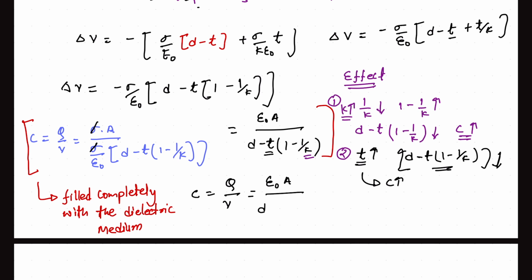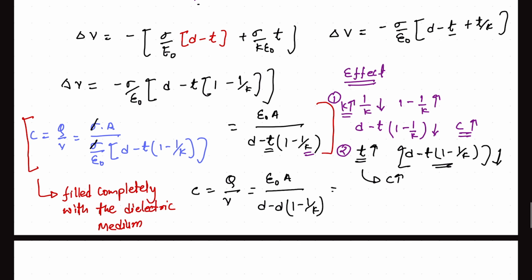Now the thickness of the dielectric slab is equal to the distance between the plates of the capacitor, so t equals d. If we further simplify it, we get epsilon naught A divided by (d minus d plus d/K). That becomes K epsilon naught A divided by d.